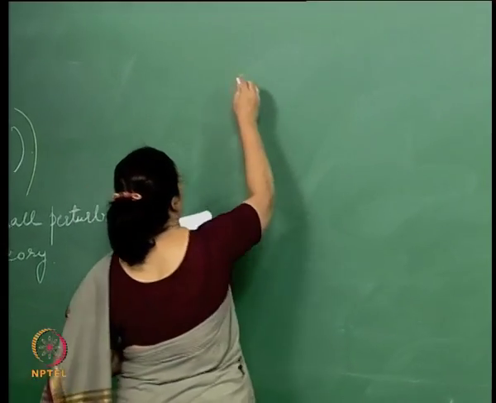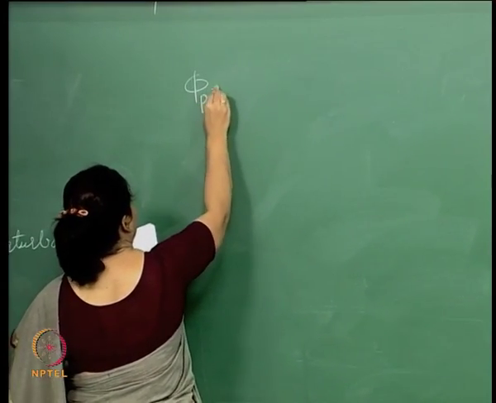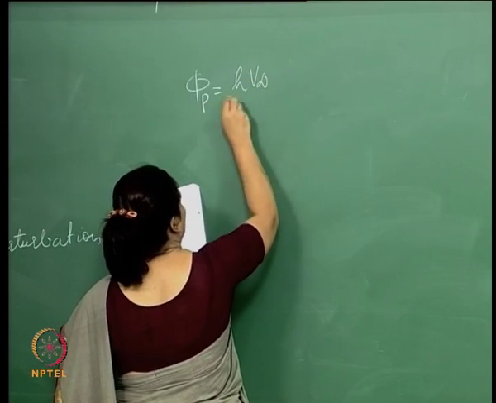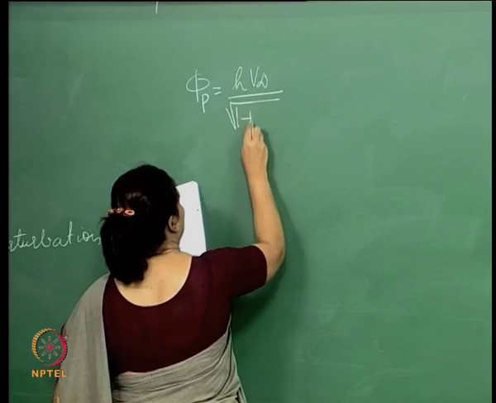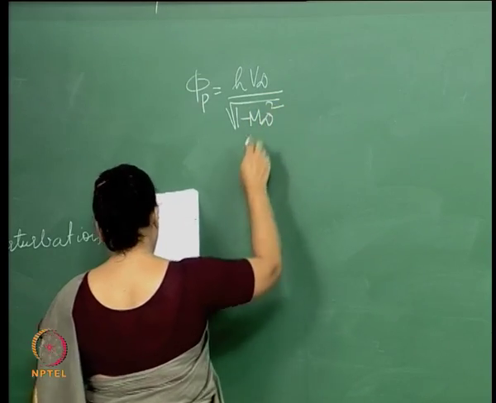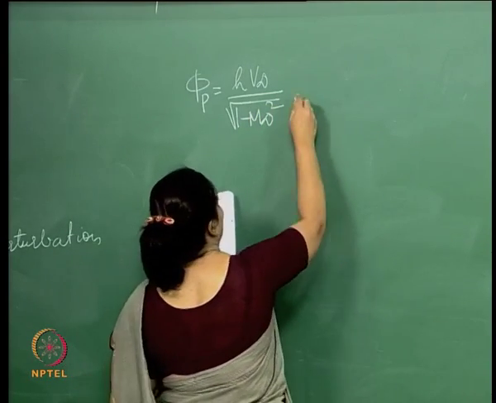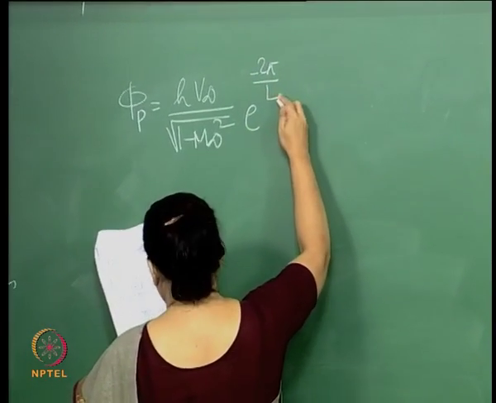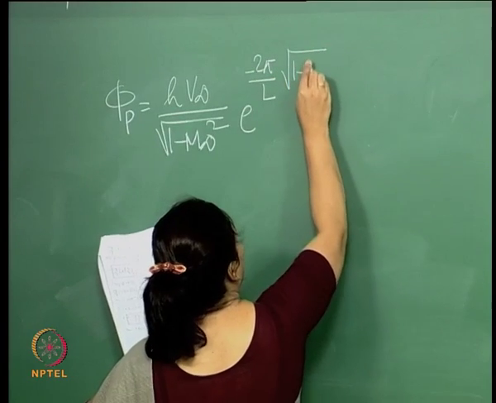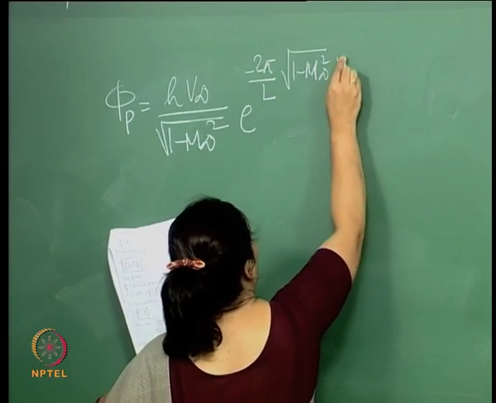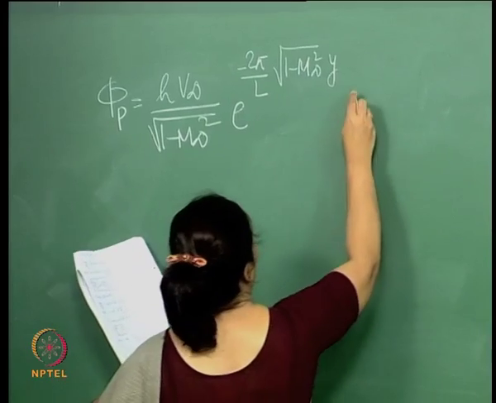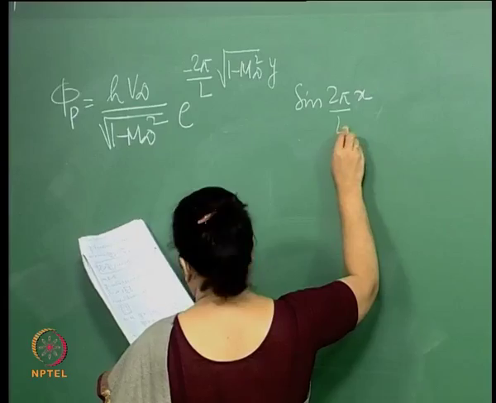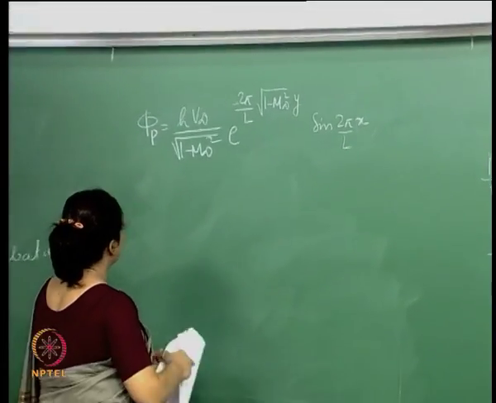So phi p was this, right. So exponential that, okay. So this was our phi p.